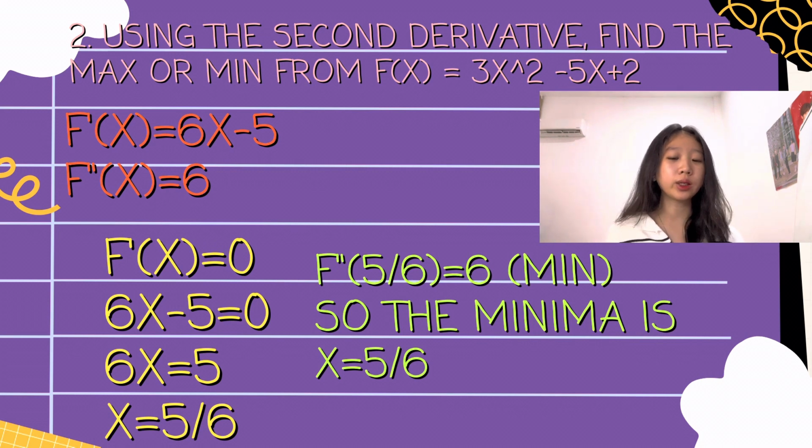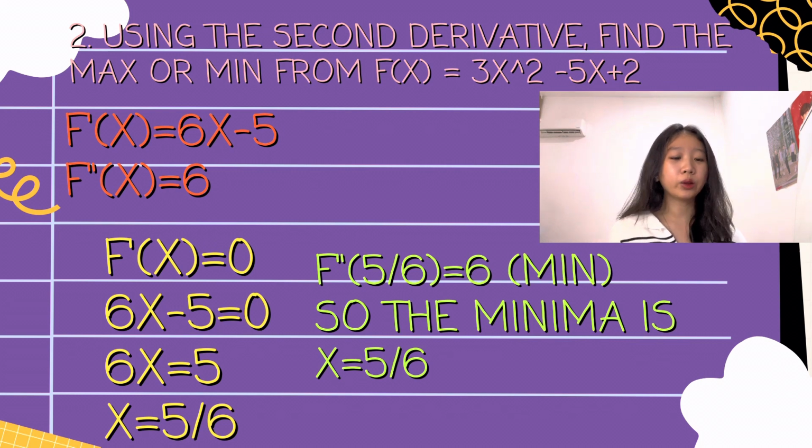With the rule, f'(x) equals 0. So we enter 6x minus 5 equals 0. Then 6x equals 5, so x remains 5 per 6.